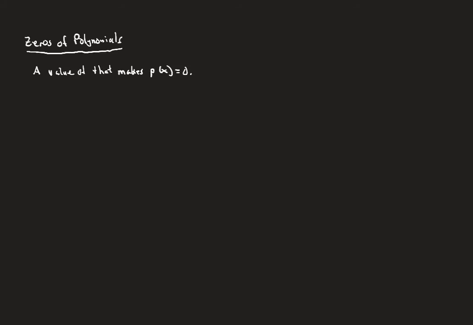Now these are also referred to as, so I'm going to say also known as X-intercepts, or at least they're related to that. They are similar. So an X-intercept is actually going to be an ordered pair, but a value of x that makes the polynomial 0 means that number comma 0 is going to be the X-intercept.